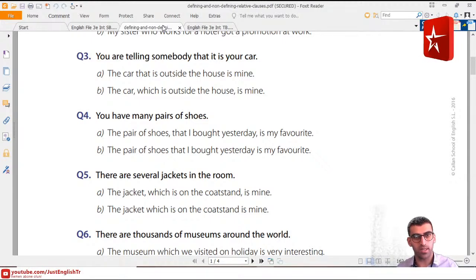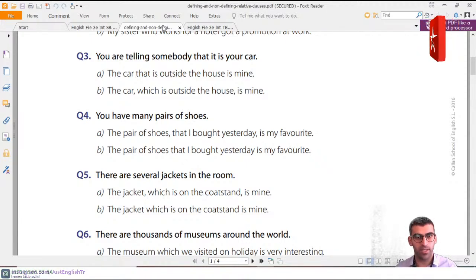So the correct answer: you are telling somebody that is your car. The car that is outside the house is mine. The question number 3 is A. Without a comma, we have to use it. All right. The question number 3 is A.